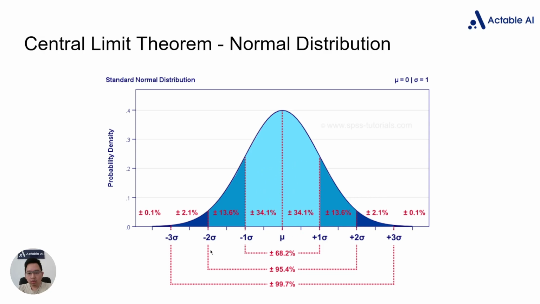Or the chance that a data point falls into the range from the mean minus 2 standard deviations to the mean plus 2 standard deviations is about 95.4%. This is the normal distribution.